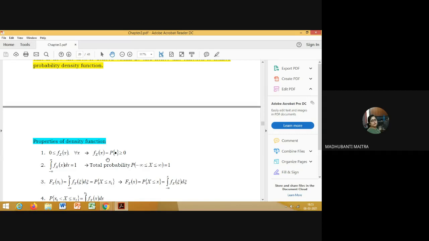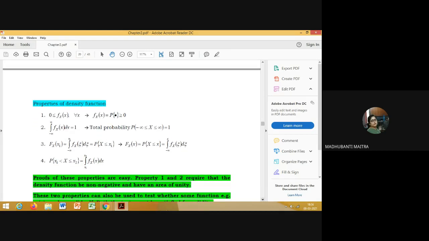And the area under this density function, if we vary from minus infinity to infinity, so this integration gives us the area under this curve, that will be equal to 1. So what is this? Nothing but the total probability. That means the probability that the random variable is assuming values within the range from minus infinity to plus infinity, right? So obviously this value should be equal to 1.